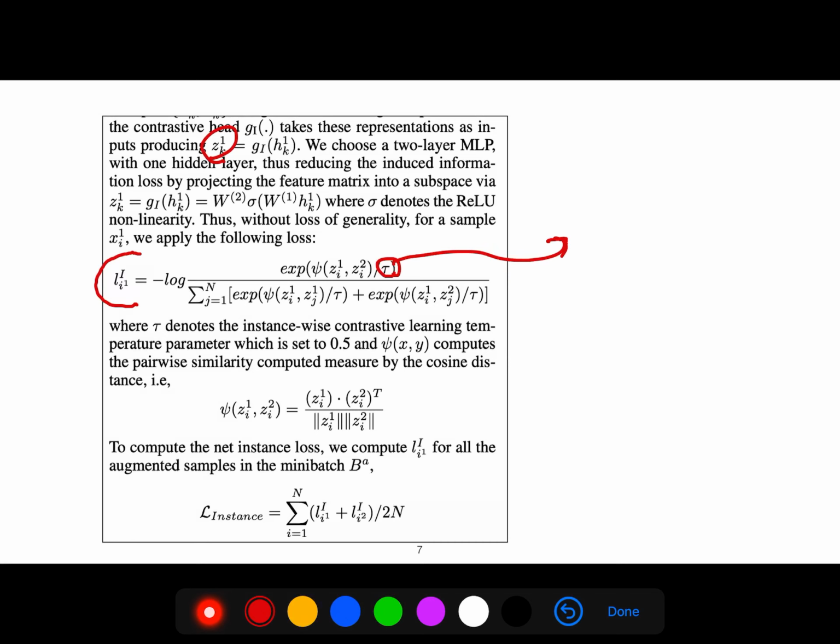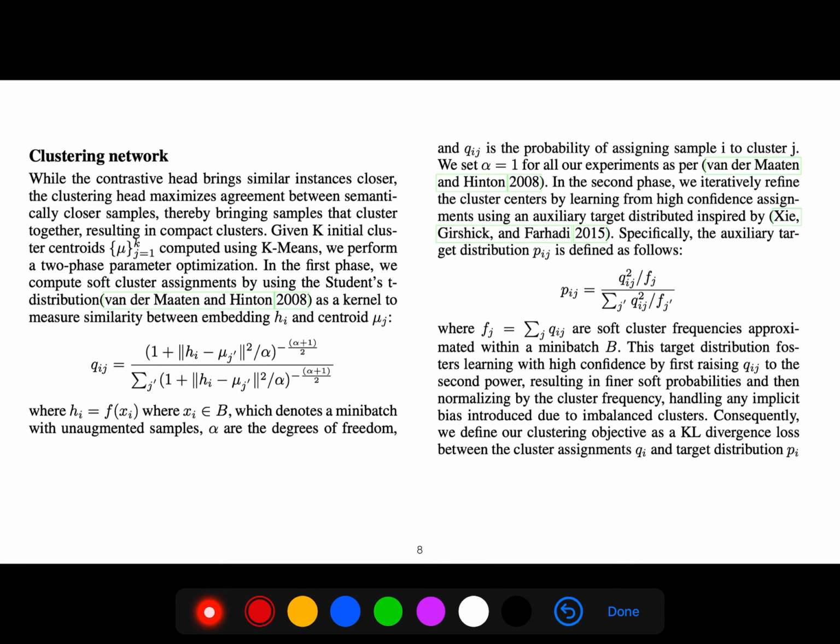By the way, there is an article that focuses on the effect of this temperature on uniformity and alignment. While the contrastive head brings similar instances closer, the clustering head maximizes agreement between semantically closer samples, thereby bringing samples that cluster together, resulting in compact clusters.